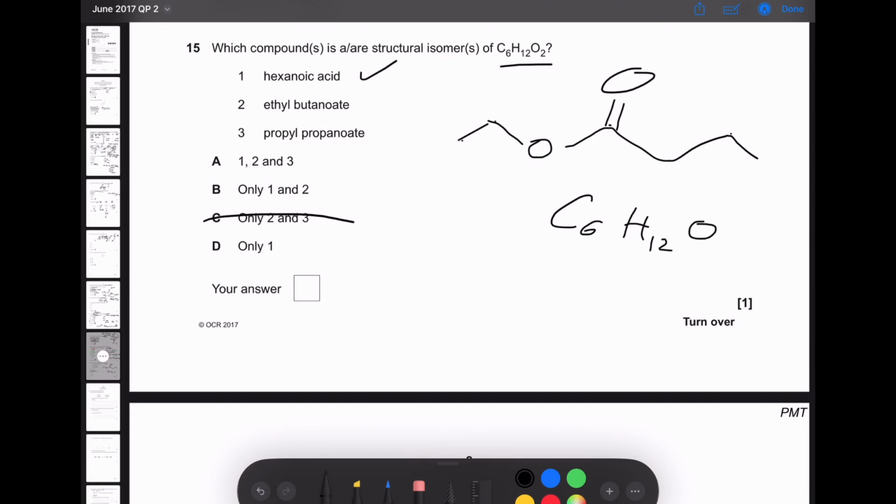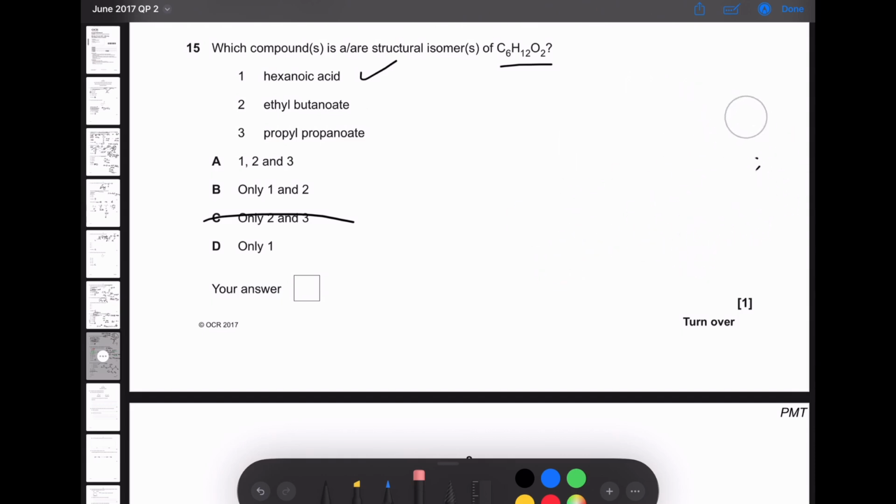So it's 12O2. Again, just check 3. That's 5. That's none there. That's 7. That's 9. And that's 12. And then finally, you've got propyl propanoate. Hang on. 2 is fine, so D can be crossed out.